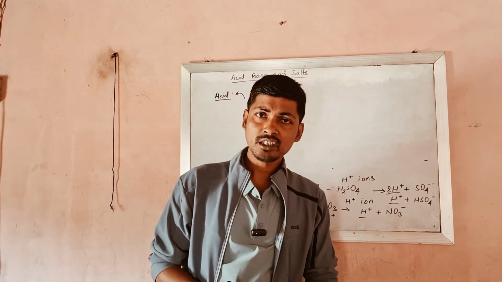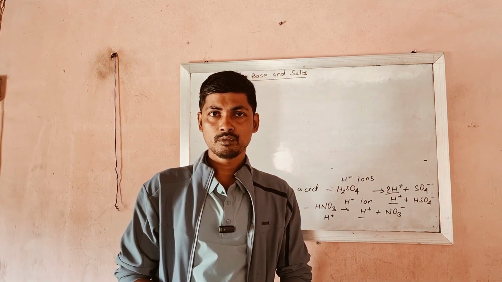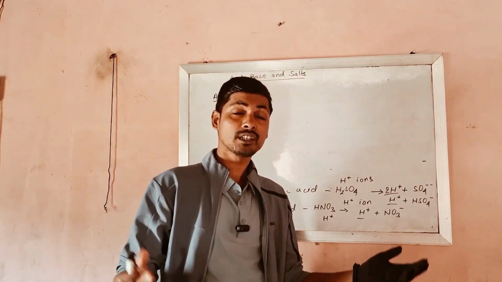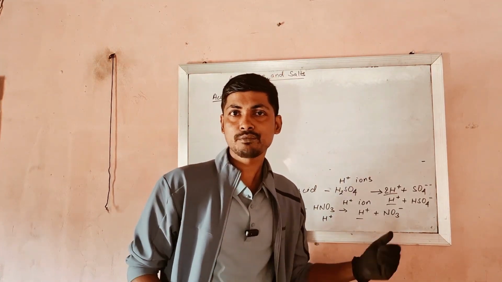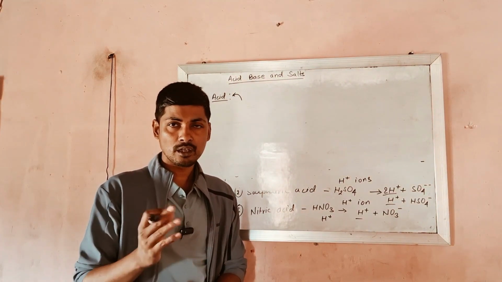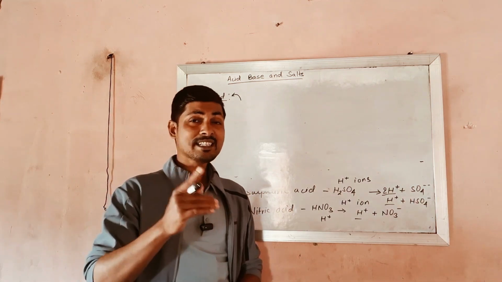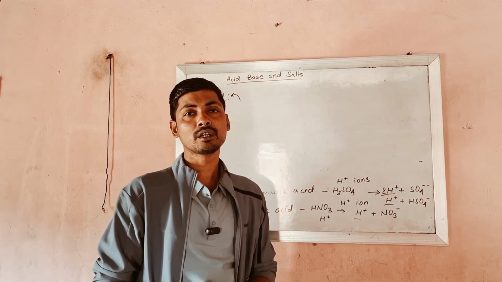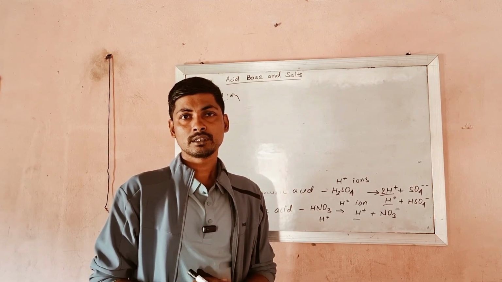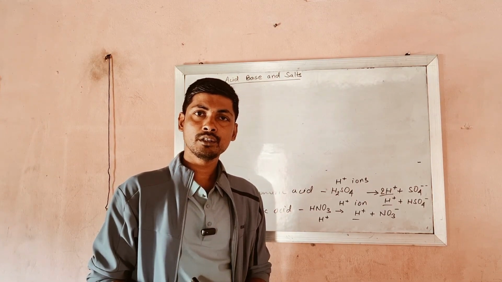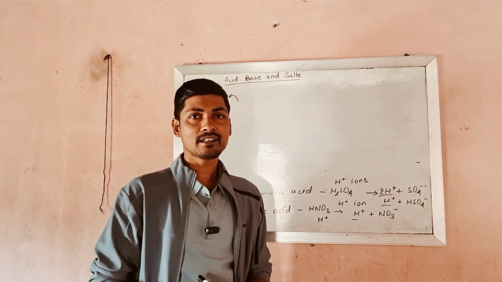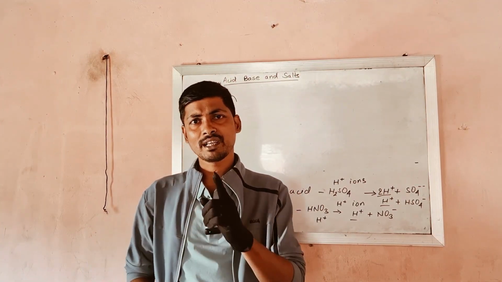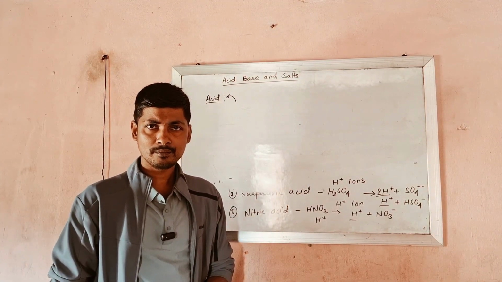All acids produce H plus ions when dissolved in water. These H plus ions, when they come in contact with our tongue, activate the taste buds that are responsible for detecting sour taste. That is why acids are sour in taste.